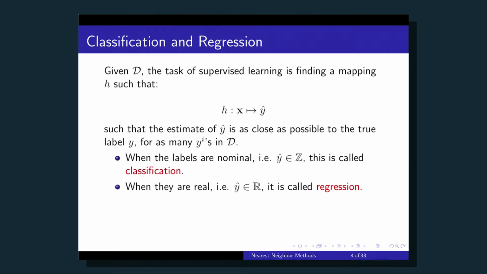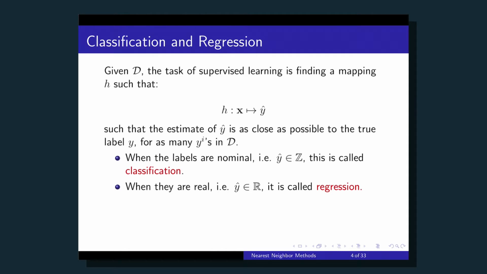So if you're given a data set D with these pairs of instances and labels for each, essentially the task of supervised learning is finding some mapping, some function that will take a new vector x of new measurements and map it to an estimated label, and we'll call that y hat, such that this estimate y hat is as close as possible to some true label y.